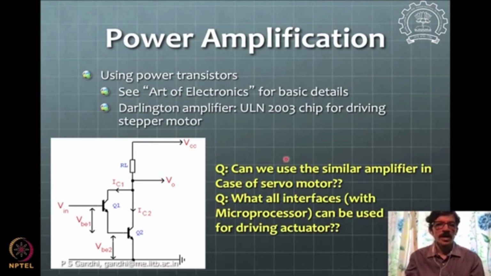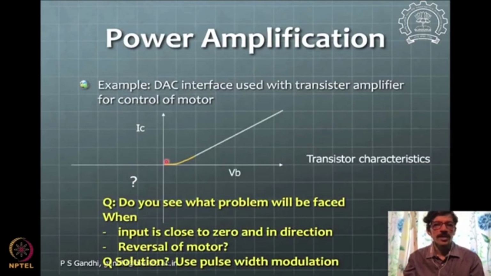The other thing, which is the main reason for the problem, is that below a certain voltage given by the digital to analog converter from your microcontroller, the motor will not run, and only beyond this will the motor start running.